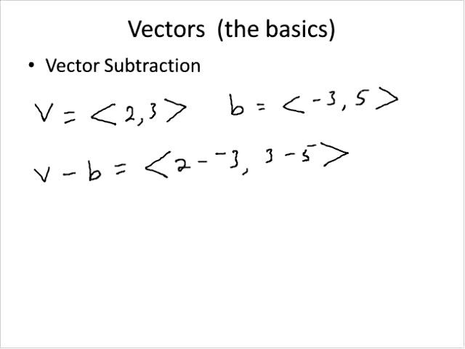Of course, these two minuses will combine together to be a plus, right? So I'll get the vector v minus b is equal to the vector <5, -2>. And that's vector subtraction.